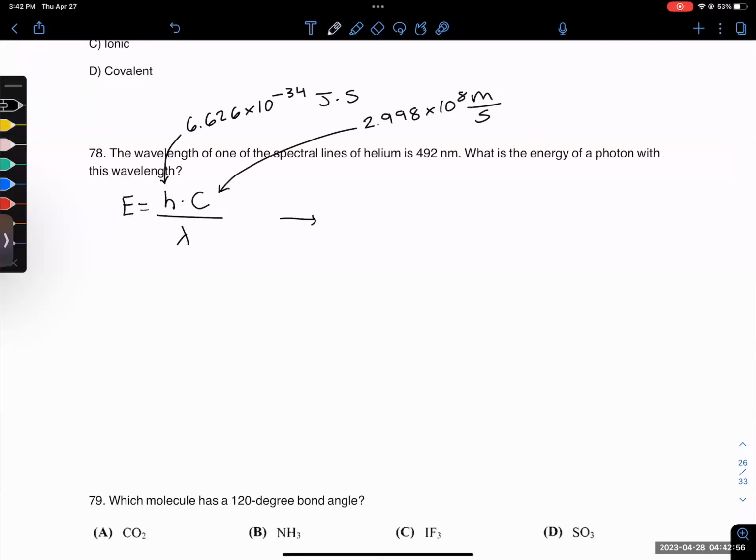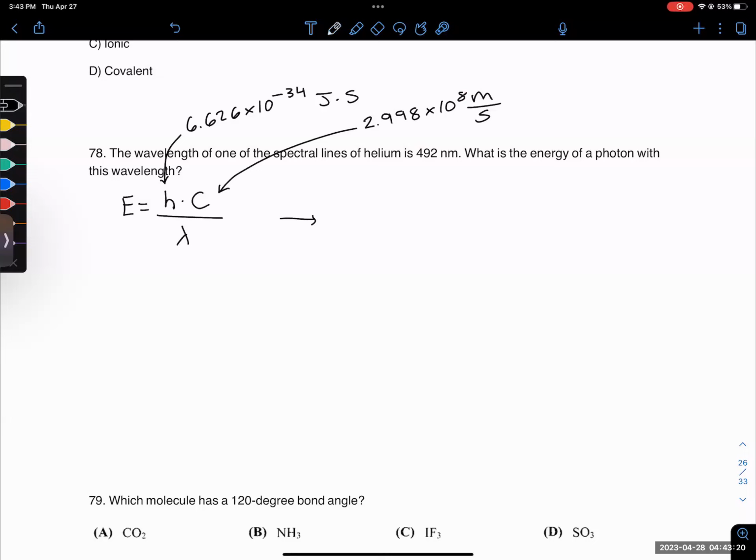What is another thing you should be careful about when doing these problems? When it says nanometers, you put it in meters. Exactly, that's what I was going for. We know that the speed of light is in units of meters per second, so our wavelength must also be in meters in order for those units to cancel out.